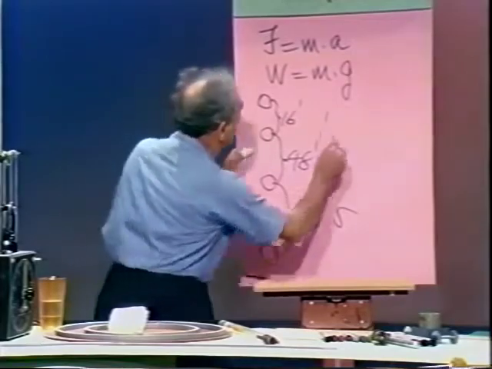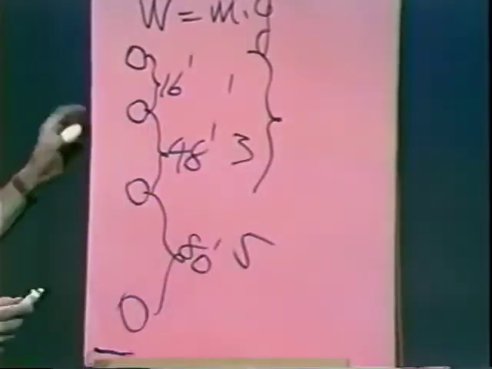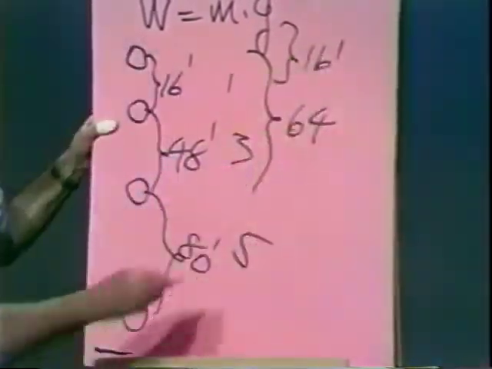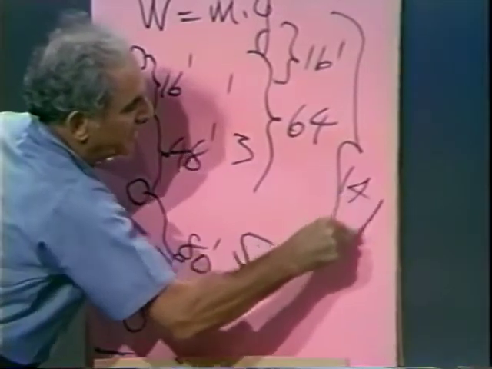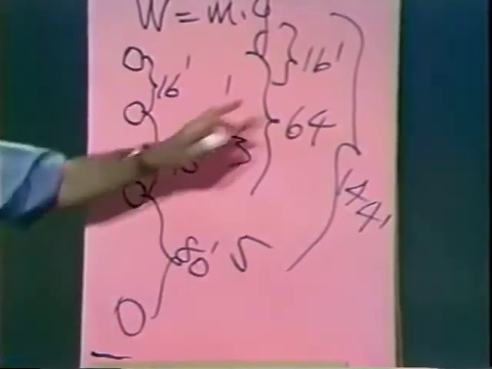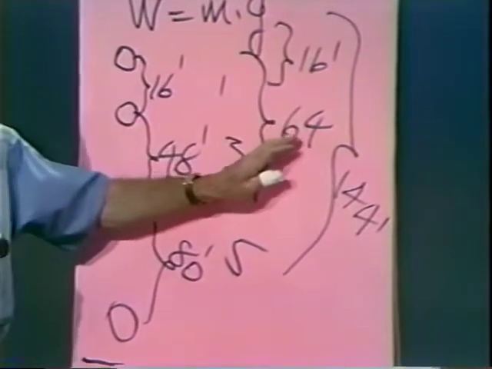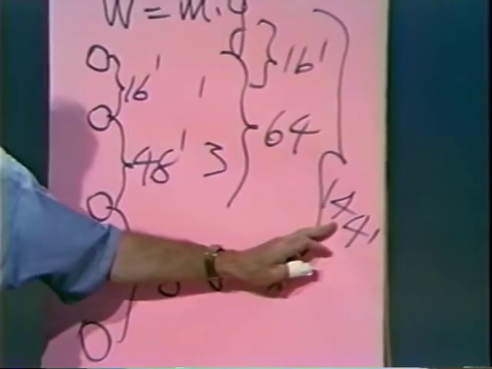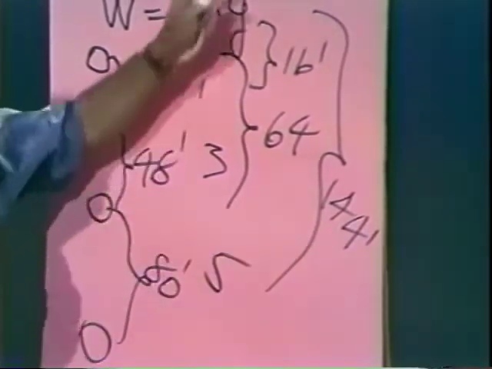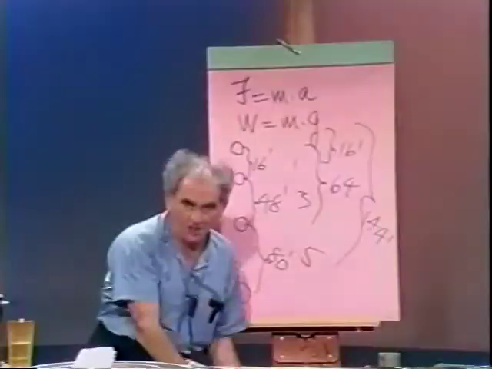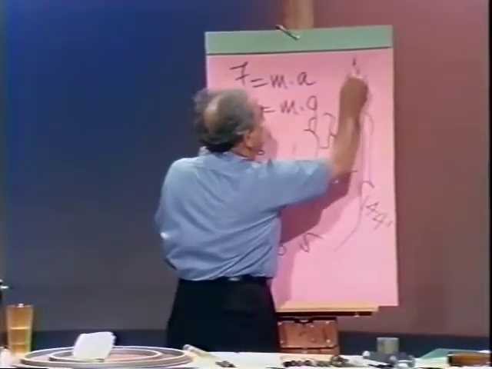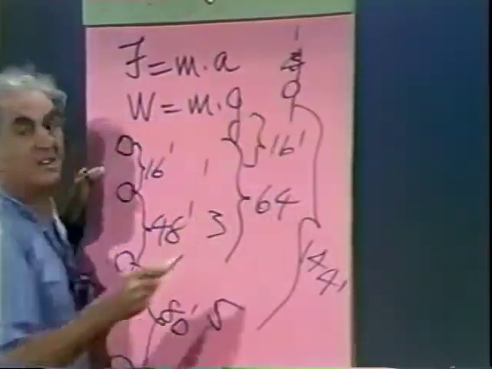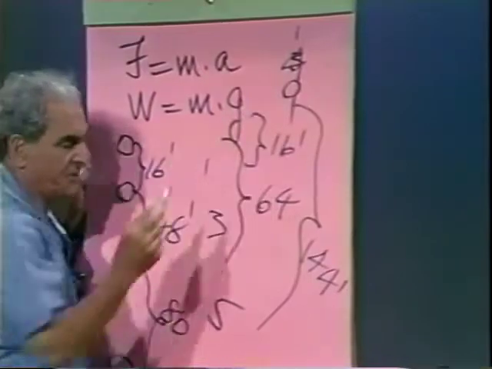Now, further than that, you see that the first 2 seconds is 64 feet, the first second is 16 feet, the first 3 seconds is 144 feet, and look at these numbers. 16 into 64 is 4, that's 2 squared. 16 into 144 is 9, that's 3 squared. So the distances all fallen during the succeeding seconds are in the order 1, 4, 9. You see, 1, 4, 9. 1 squared, 2 squared, 3 squared.